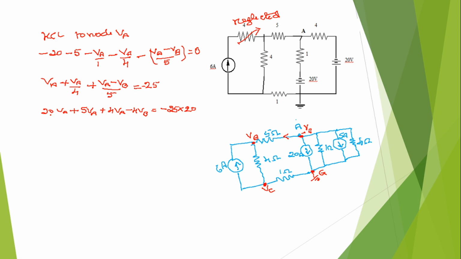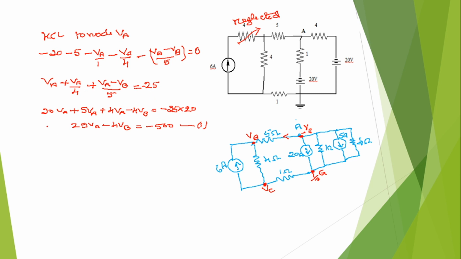So what happens? 20 plus 5 plus 4. So 29 VA minus 4 VB equal to minus 500. This I will take as equation 1. This is obtained by applying KCL to node VA. So this is equation 1.